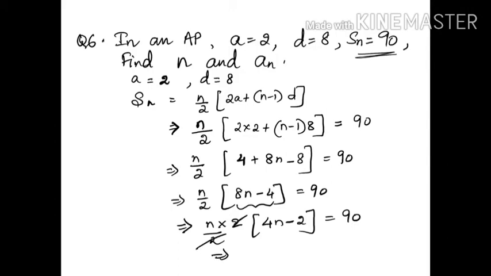Multiplying this n with the bracket, we get 4n square minus 2n, and carrying 90 to the left side, minus 90 equal to 0. On dividing by 2, we get 2n square minus n minus 45 equal to 0.